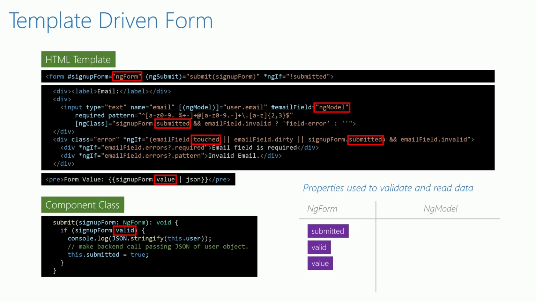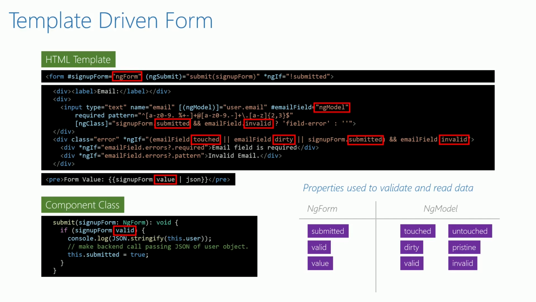Touched property tracks if the field is accessed, its opposite property is untouched. Dirty property tracks if a field is modified, its opposite property is pristine. Invalid property tracks if a field is valid or not, its opposite property is valid.